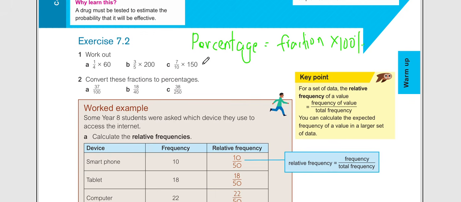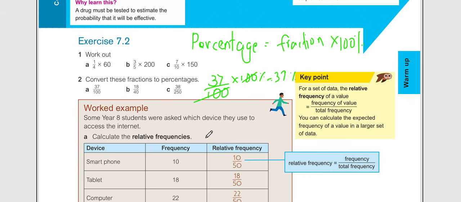Now in this one, 37 for A divided by 100. This is the fraction. To find the percentage, we multiply it by 100. This 100 and this 100 get cancelled. So you get 37%.